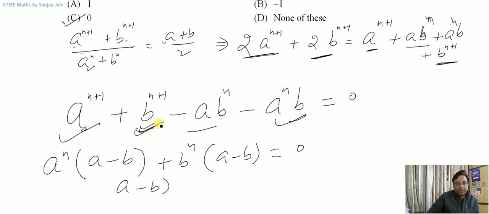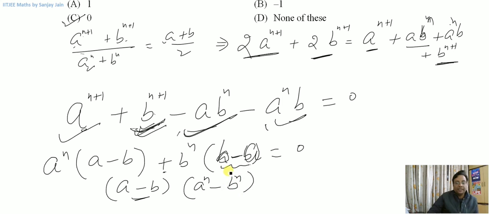If I take b raised to power n as common, this will give me b minus a here, right? Because it will give me b, and this will give me a. Yes, b minus a here. So if I take a minus b outside, inside I'll have a raised to power n, and to adjust this, I'll have to make it negative. So a raised to power n minus b raised to power n. If you don't understand it, in the next step you make it a minus b and put a negative sign here.